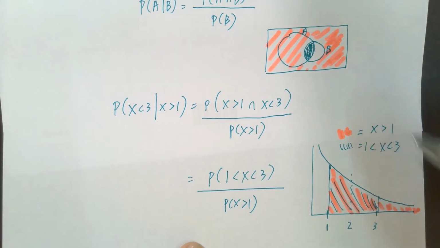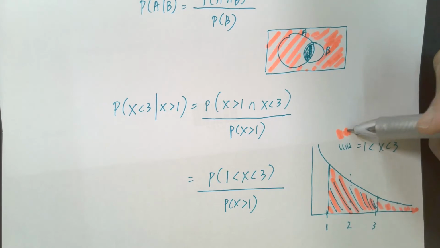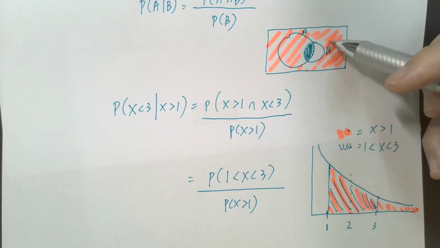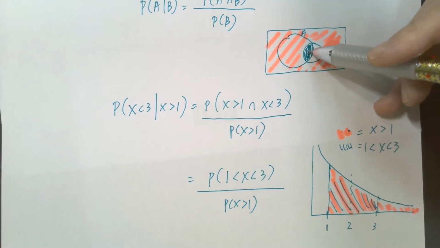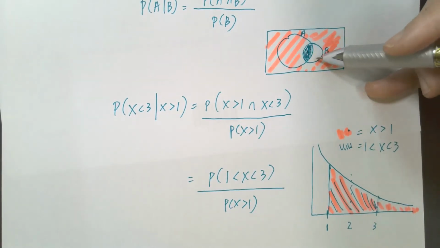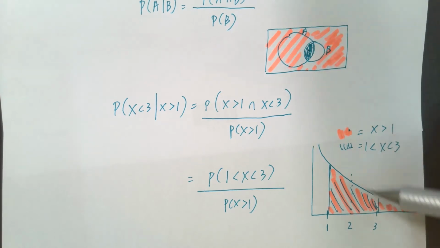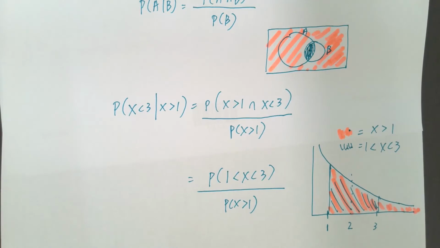So we're looking for the area of this one given that it's in the red. I should have reversed it, but you know what I mean, right? In this case, we're looking for the area of the blue part relative to the white part. Here we're looking at the area of the blue part relative to the red part. Okay, so it's the same idea.